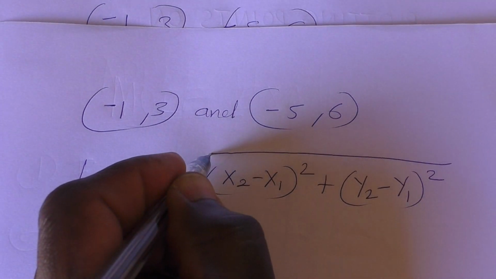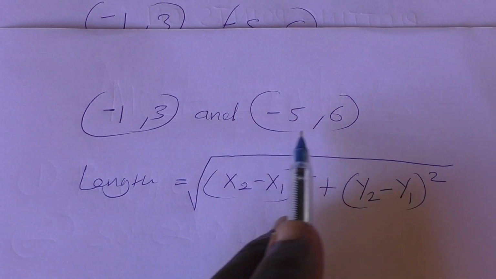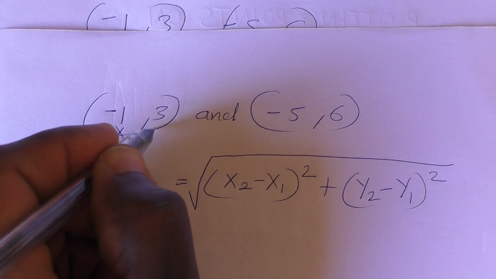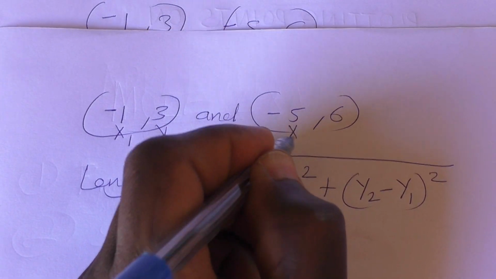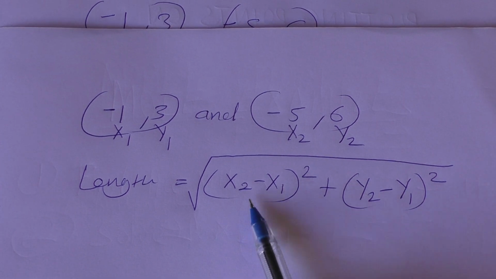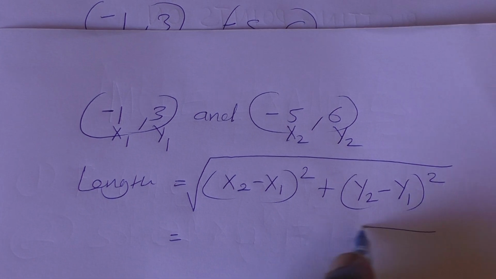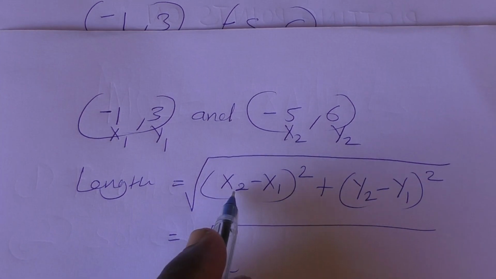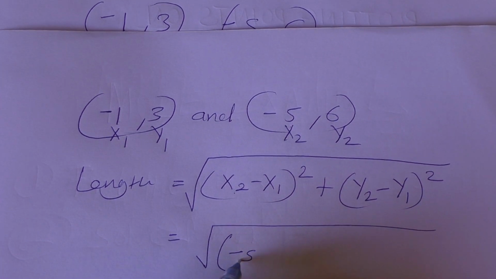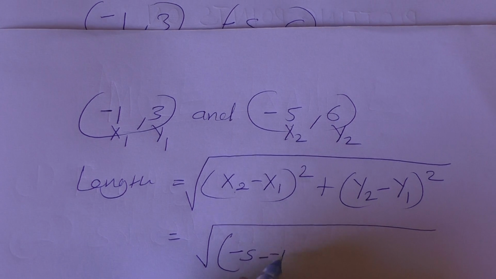Therefore, let us name our points. We name this x1, y1, x2, y2, and then substitute in our formula so that the length is given by the square root of, where there is x2 we write in negative 5, where there is x1 we write negative 1.